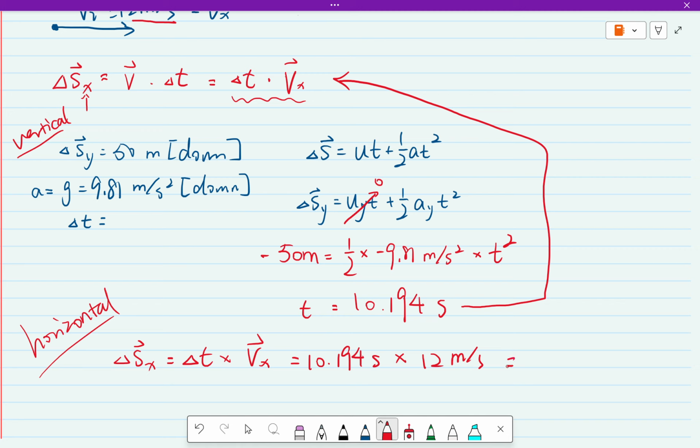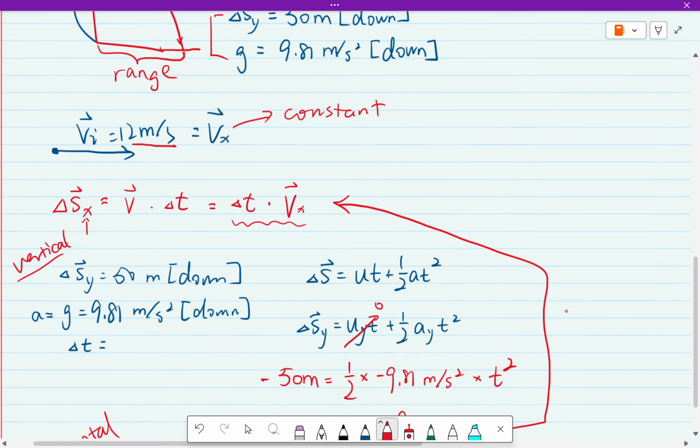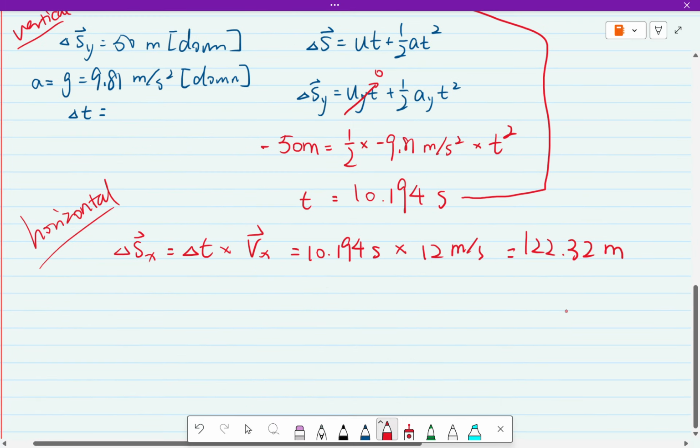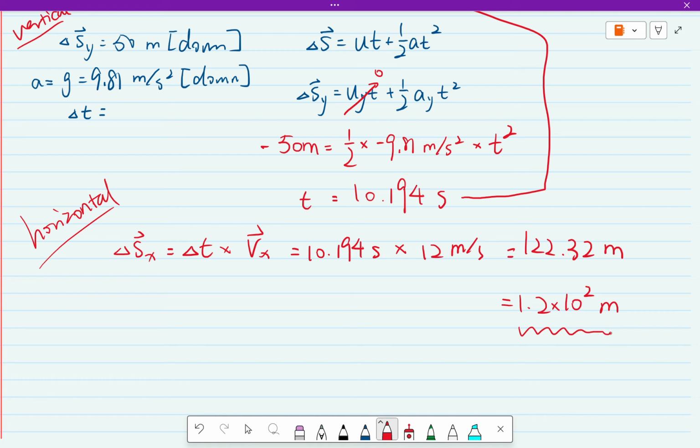This will give us approximately 122.32 meters. Let's double check with significant digits. We have 2 sig digs, so this will be 1.2 times 10 to the power of 2 meters. This would be our final answer to this projectile motion.